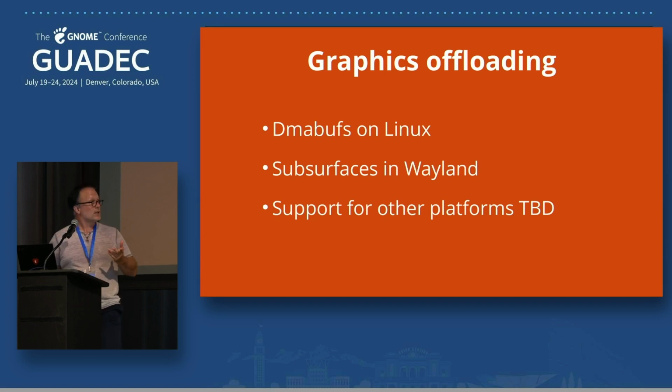But yeah, I also wanted to say that this is obviously Linux specific. DMA buffs are something that only exists in the Linux kernel, and subsurfaces are Wayland specific. So currently, this is very specific to running Wayland on Linux. It would probably be possible to use similar concepts on other backends, other platforms, but nobody has done the work so far.